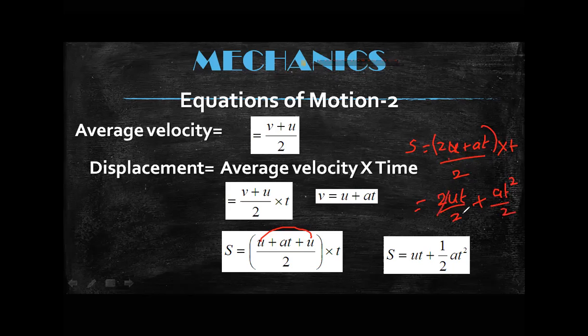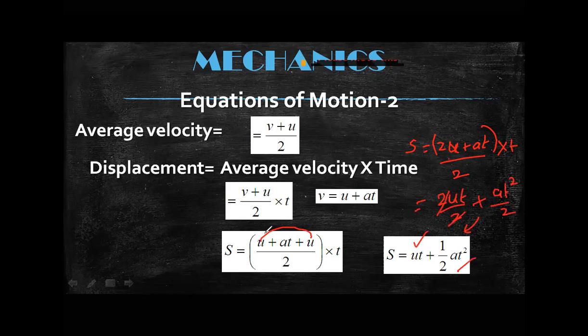The 2s cancel, so you get ut plus half at square. Simply I added u and u to get 2u by 2, the 2 cancels, and we got ut. Here at into t gives at square by 2.